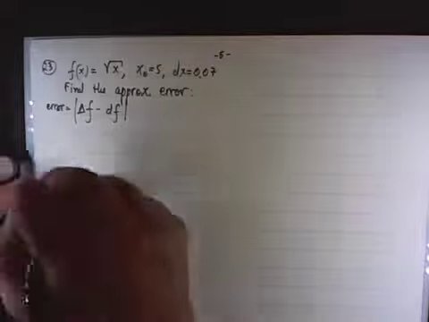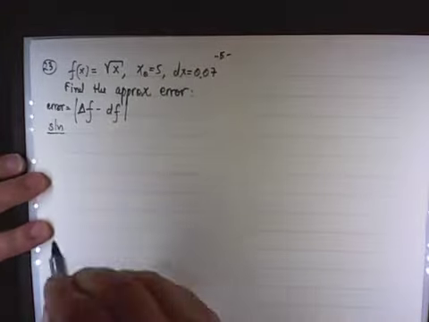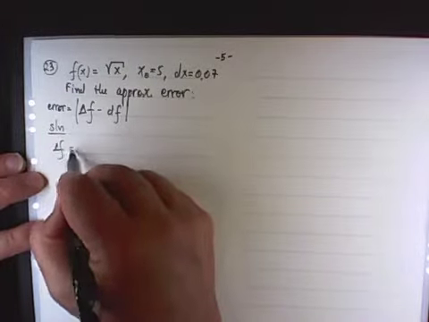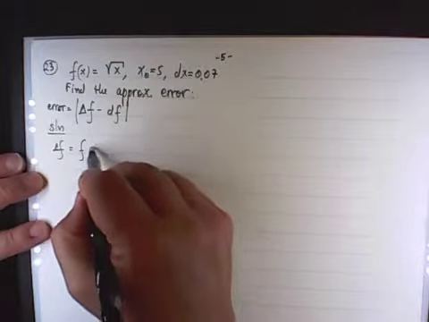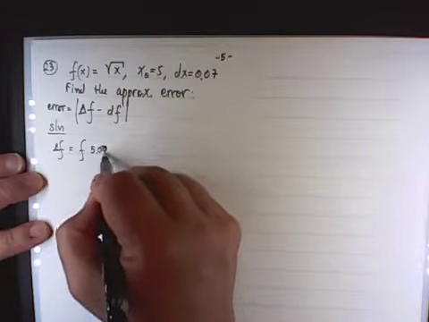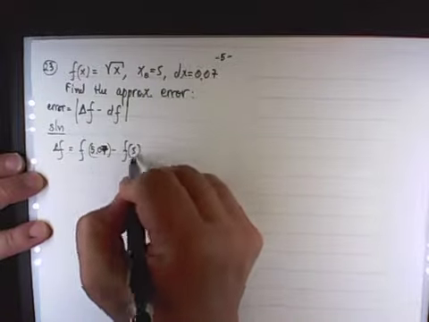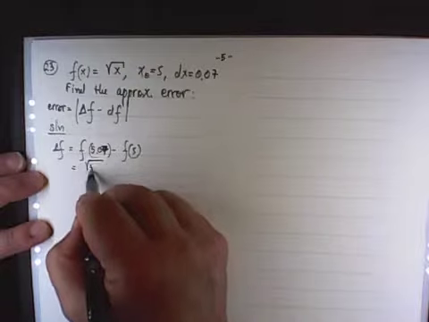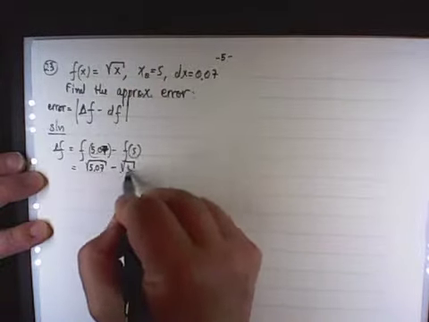Okay, the solution, let's do the hard one first. What is delta f? Delta f will be the difference between f of 5.07 and f of 5. So it will be the square root of 5.07 minus the square root of 5.